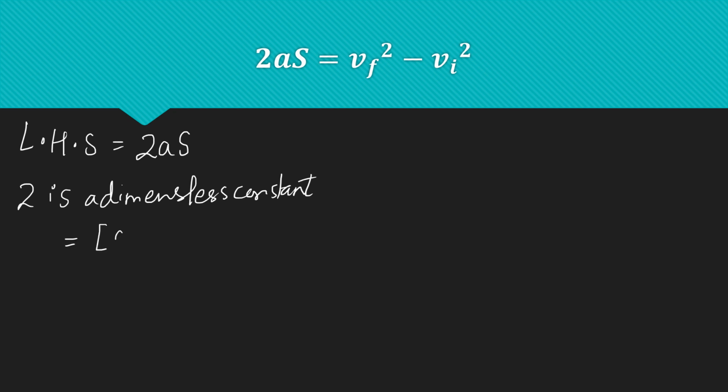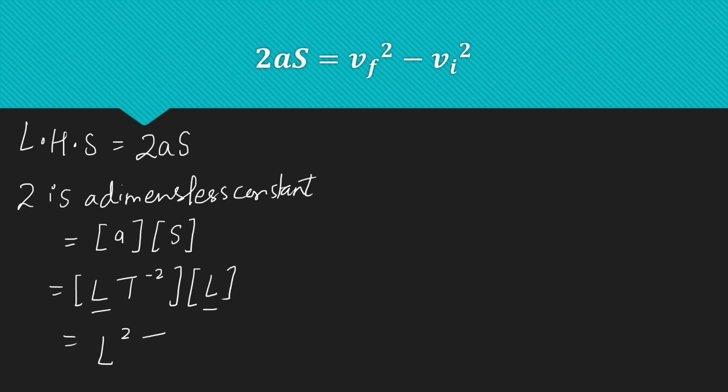The dimension of acceleration is Lt minus 2 and the dimension of the distance is L. So base same, power will be added, so it will become L square t minus 2. This is the dimension of left hand side.